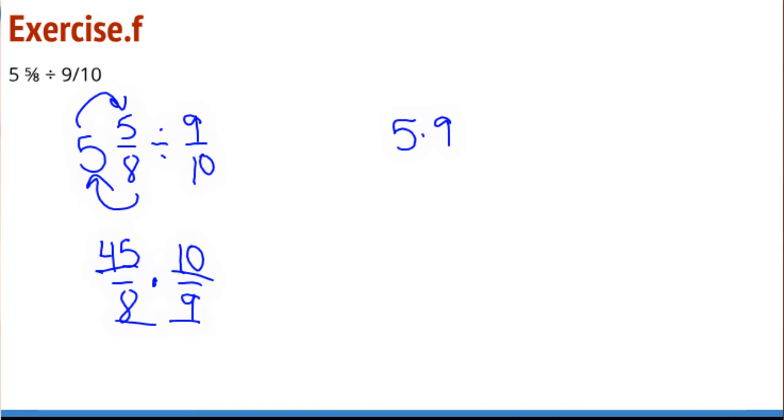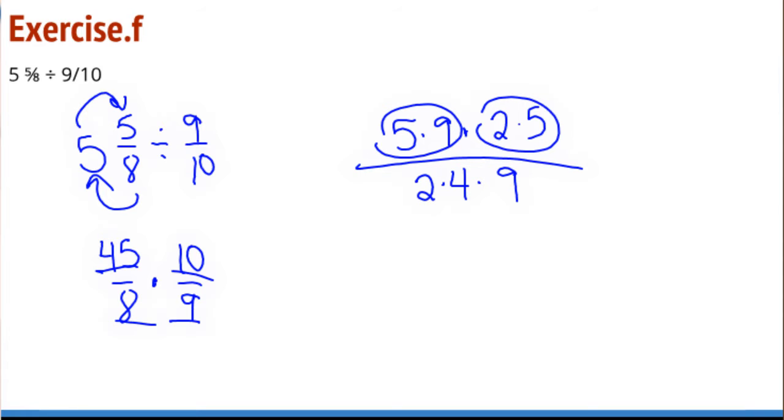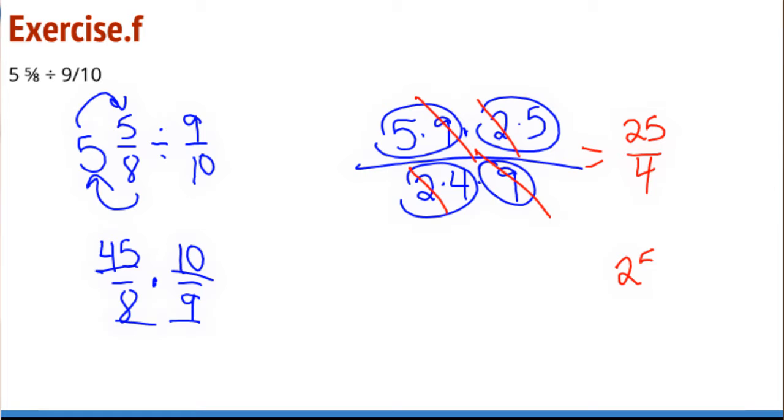And I see I've got multiples of 2. 2 times 5. And the 8 is 2 times 4. So here's my 45, and here's my 10, and here's my 8, and here's my 9. But I have it set up so that these 9's will divide each other, and the 2's will divide each other, and I will wind up with 25/4. And 25 divided by 4, 6 times 4 is 24.